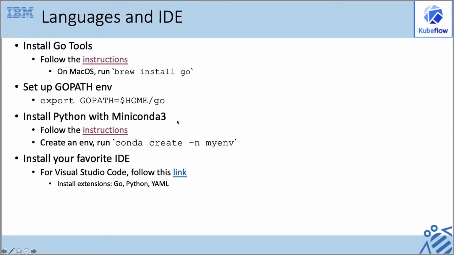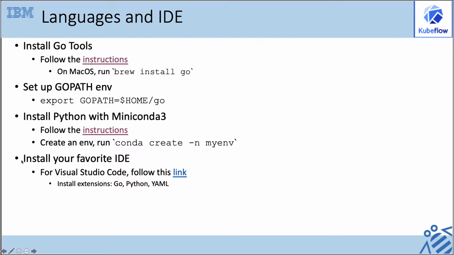The reason I recommend Miniconda 3 is that it's easy to create a virtual env, and inside each env you can have its own packages, so they're not going to conflict with each other. That's a simple and handy feature to use, right? So install Miniconda 3, and you will get Python 3.7 installed with it.